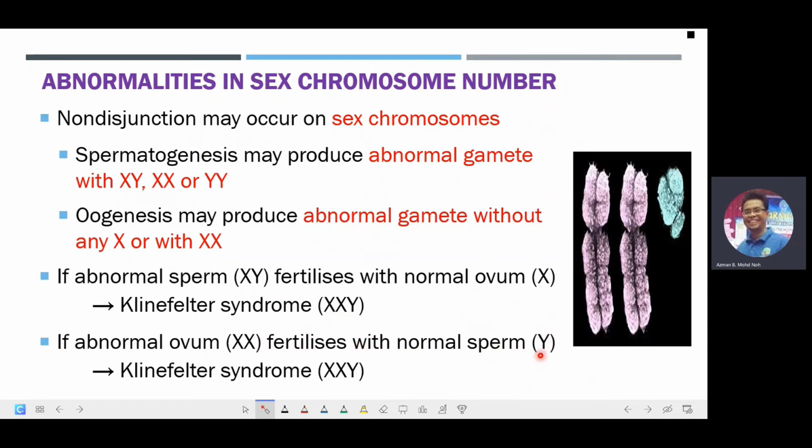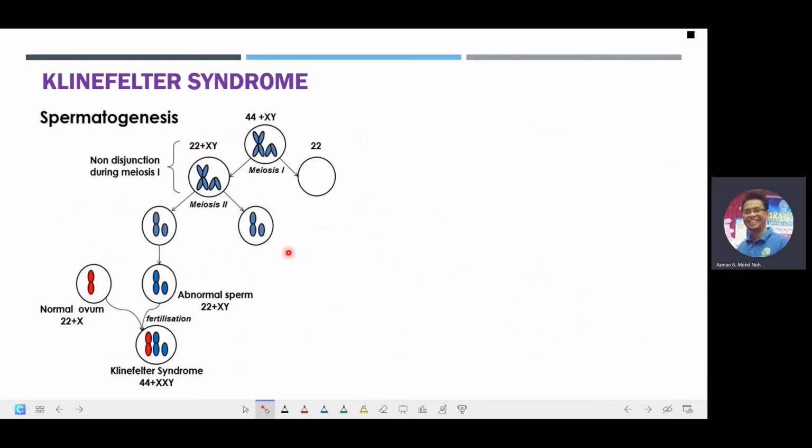This diagram shows the non-disjunction that might occur during spermatogenesis in males, in which an abnormal sperm will be produced. This abnormal sperm has 22 autosomes, but it also has 2 sex chromosomes, both X and Y chromosomes.